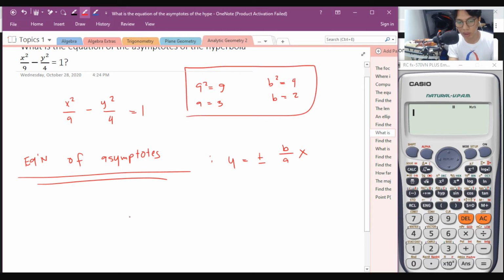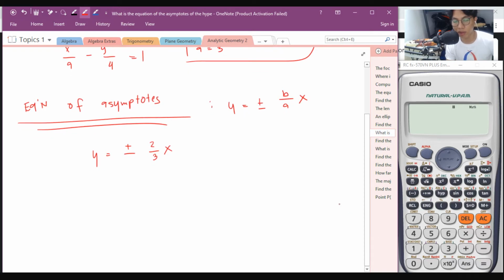Pwede pasok na natin dito. y is equal to positive, negative, the equation of the asymptotes, yung b over a, 2 over 3, x. Simplify natin. Ito kasi is point slope form. Okay? Point slope form ang tawag dito. Gawin natin siyang general equation of the line.